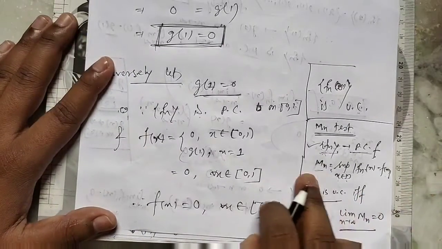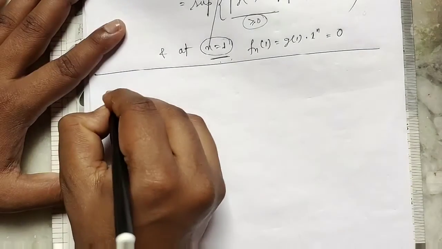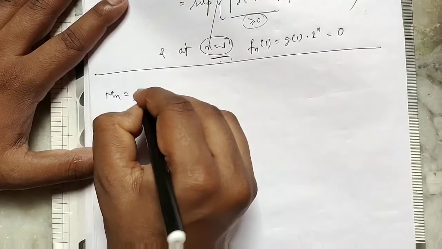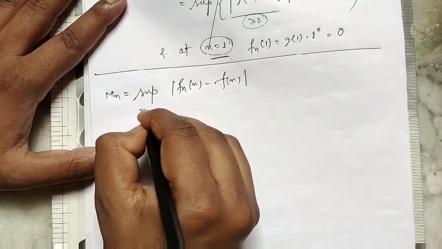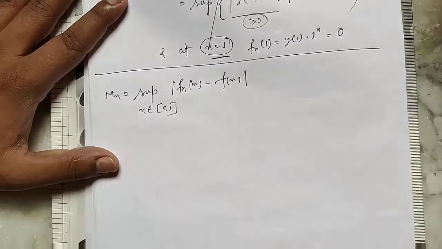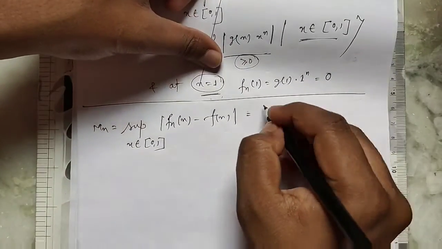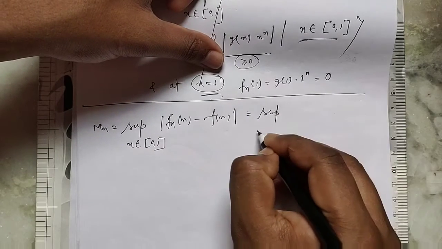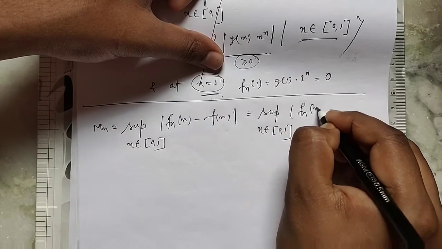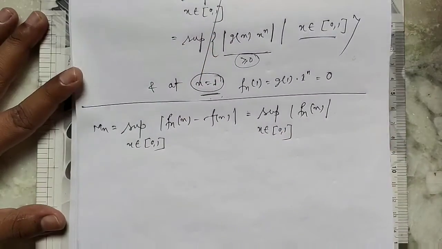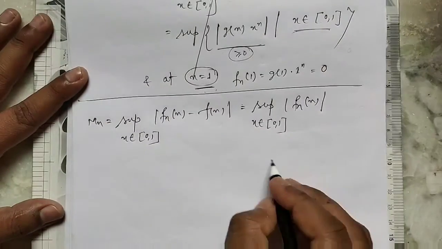Clear? Now we find Mn. Now our Mn is equal to supremum of mod of fn(x) minus f(x), x belongs to [0,1]. Here D is [0,1]. So this is equal to supremum of mod of fn(x), x belongs to [0,1], because f(x) is 0, the limit function is 0.